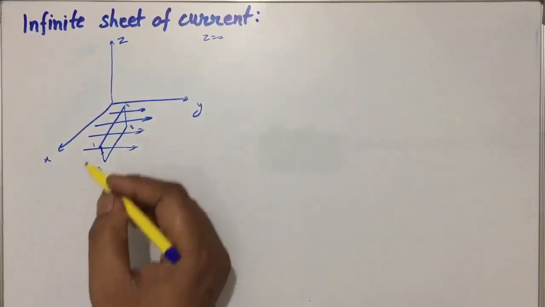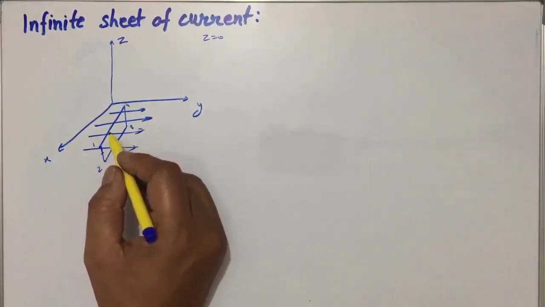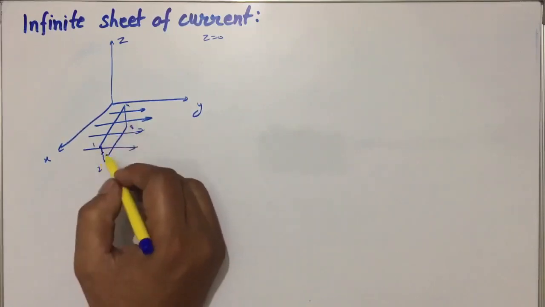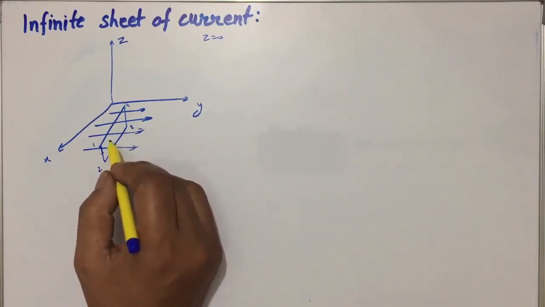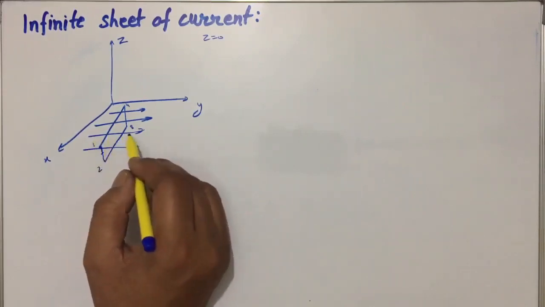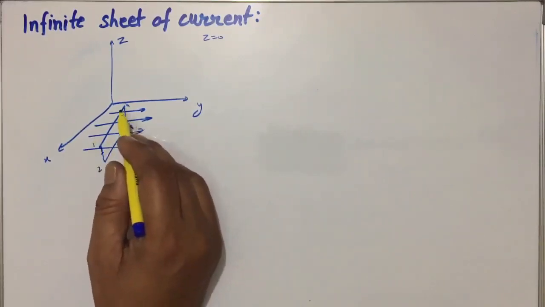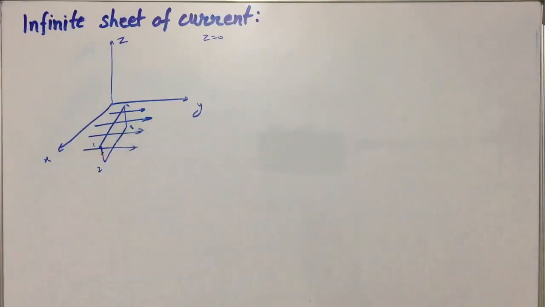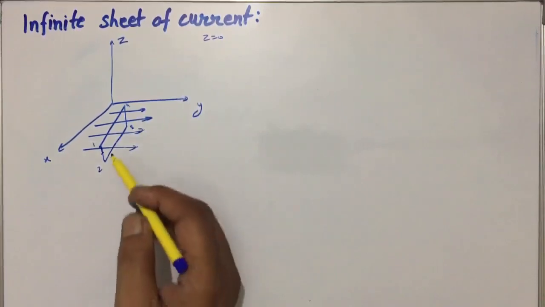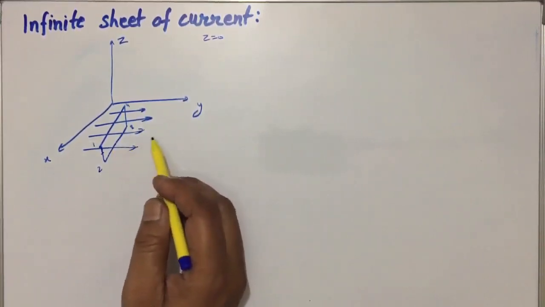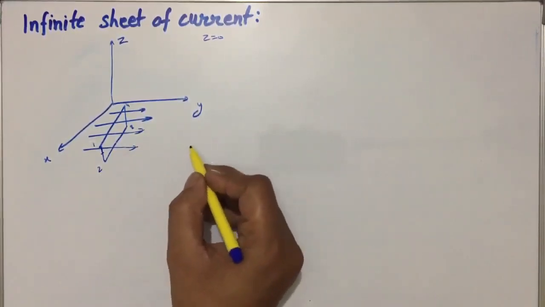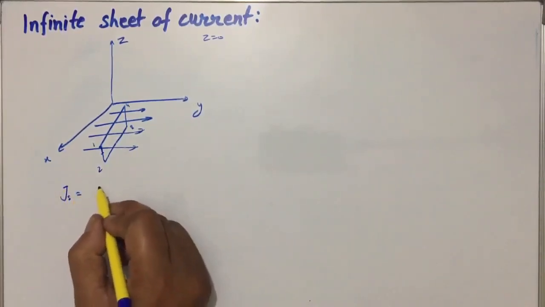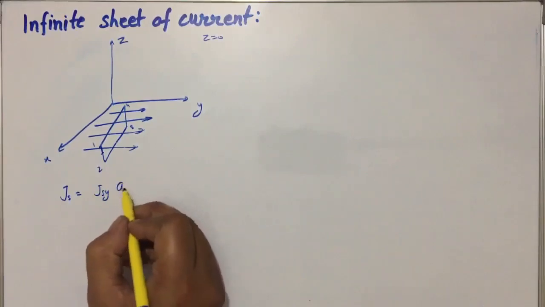Now this is considered as the Amperian path. From a single filament we will find the magnetic field intensity, then we can find it from all of them. As the current is in the direction of y only, we can write Js as Jsy in the direction of ay.